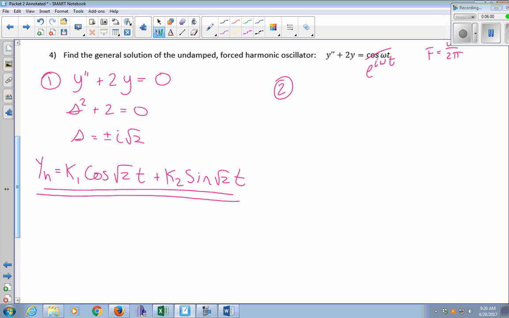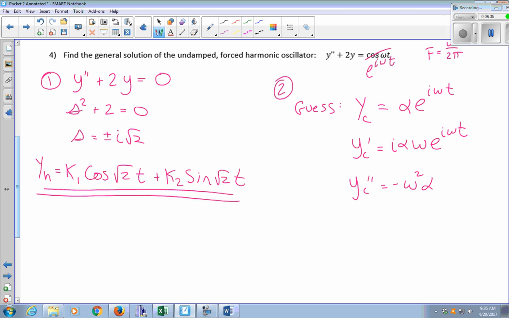So if I do complexification, I would guess y complex, because it's not really the y particular I'm looking for, alpha e to the i omega t, which means y prime is i alpha omega e to the i omega t, and then y complex double prime is negative omega squared alpha e to the i omega t.